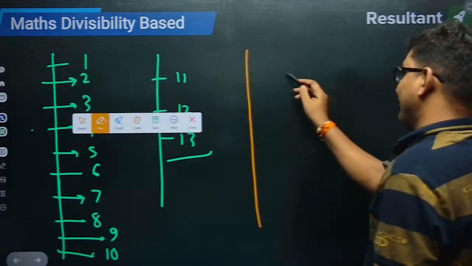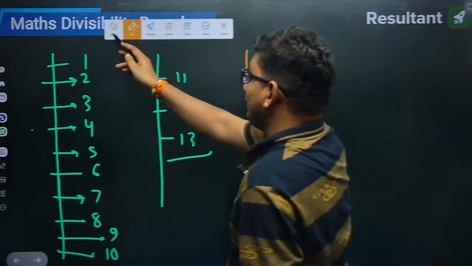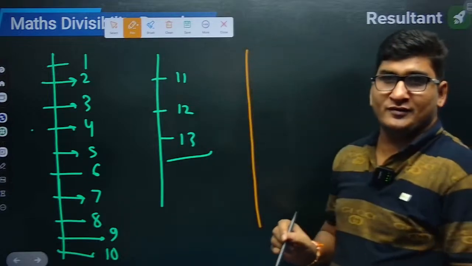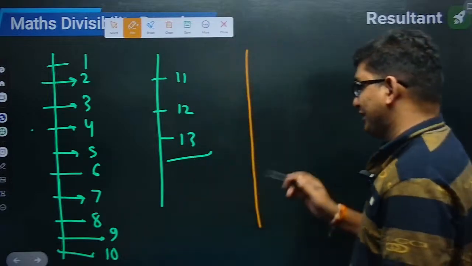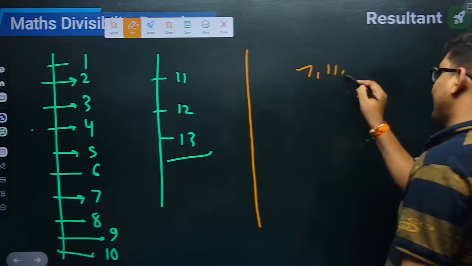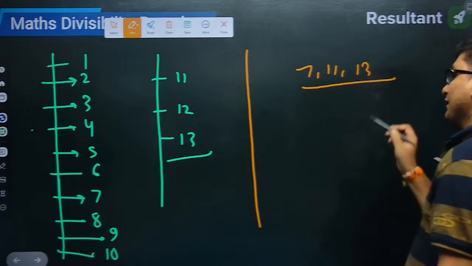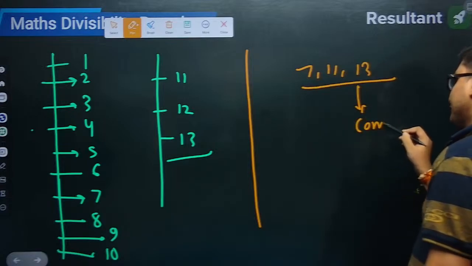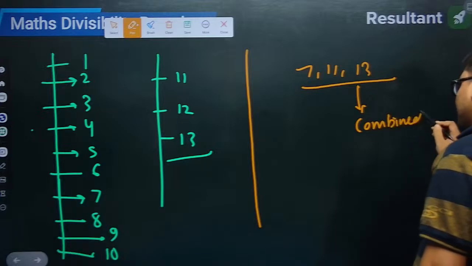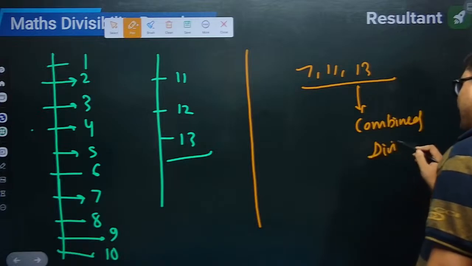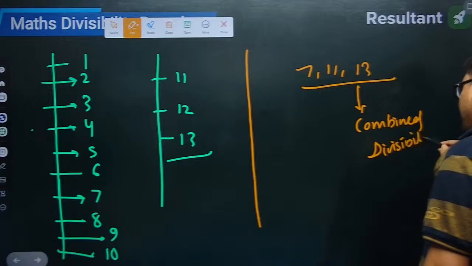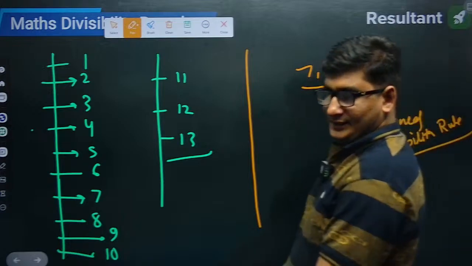And now we started the combined divisibility rule of 7, 11, 13. Combined divisibility rule. What did it say?